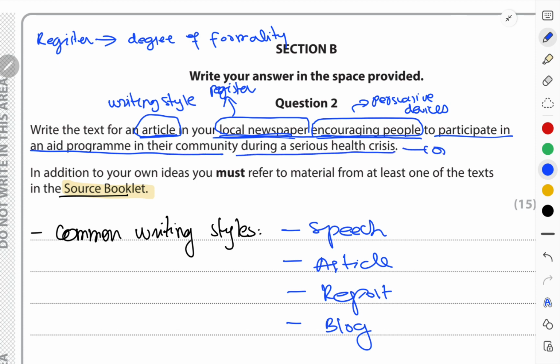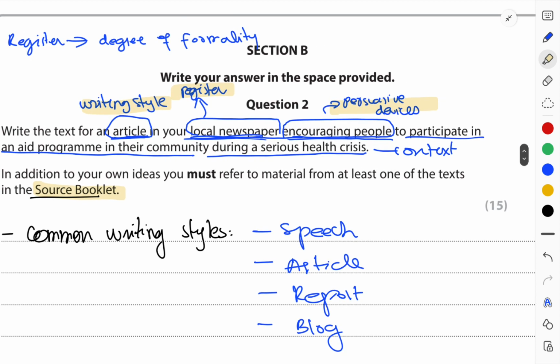Now, this is the context in which you're supposed to write your article. So you have your requirements clear. You know what you're supposed to write, your writing style, and the register that's required of you. And you know how you're supposed to construct this answer, because its purpose is to encourage, so you need to include certain linguistic devices accordingly.